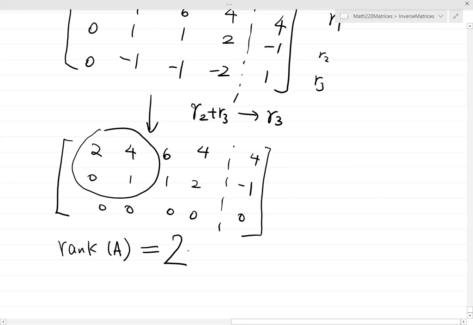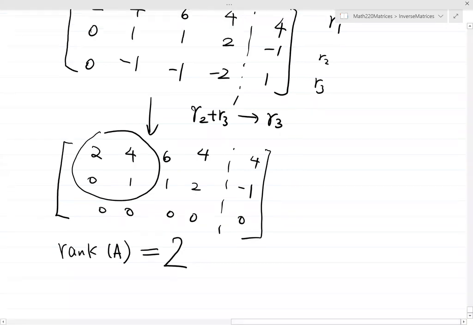The row of zeros does not span anything. So the row space is spanned by the first row vector and second row vector. So it spans a plane. So rank A is 2, spanned by the first two row vectors.